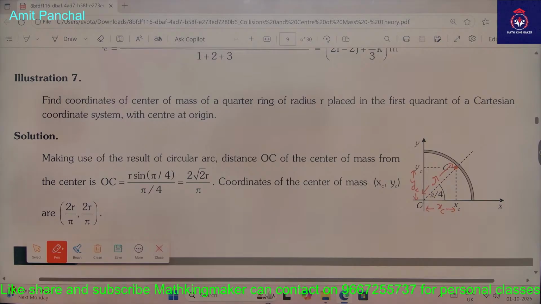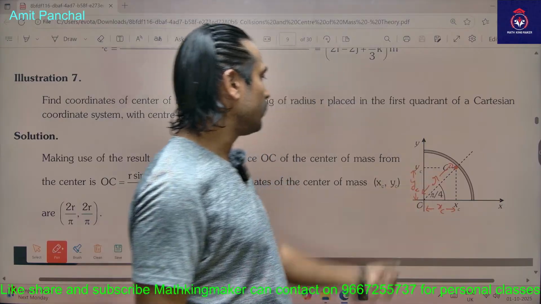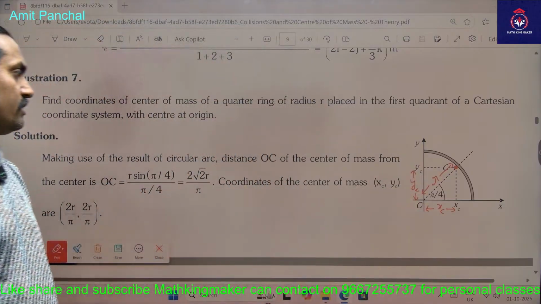Use simple trigonometry. You can find the value of xc as well as the value of yc.